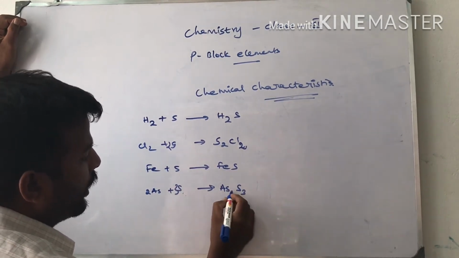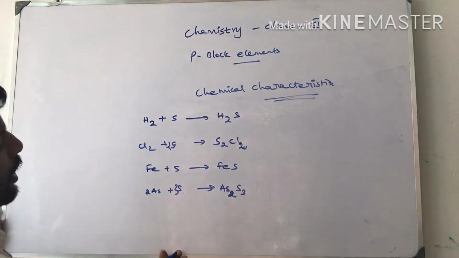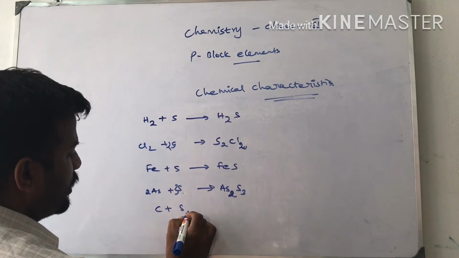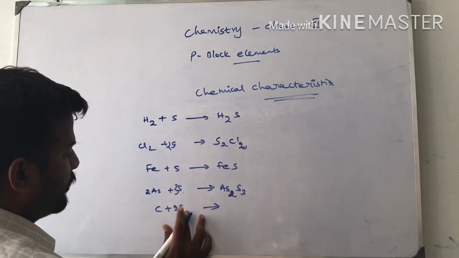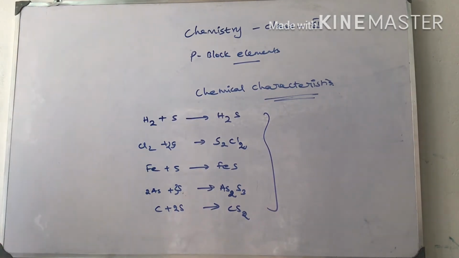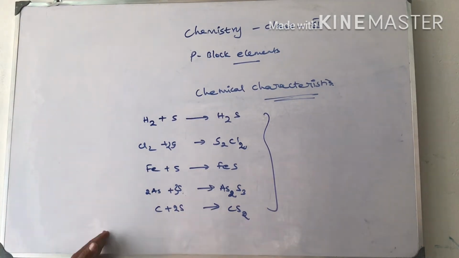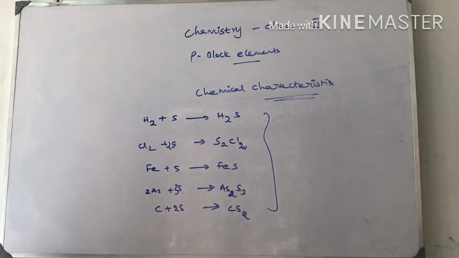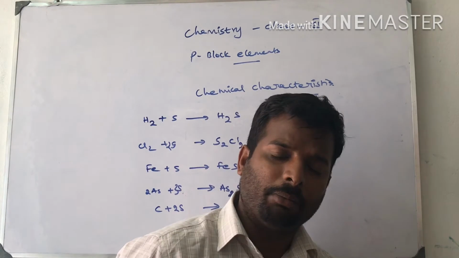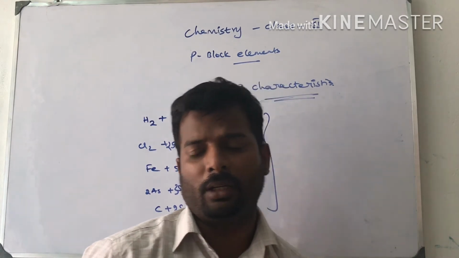This is a negative colloid we learned in surface chemistry, arsenic sulfide. Then it will react with carbon, it will give carbon disulfide. So sulfur undergoes certain reactions with some chemicals like hydrogen, chlorine, iron, arsenic, carbon. Because sulfur is a non-metal, it can react with many metals and non-metals in the periodic table.